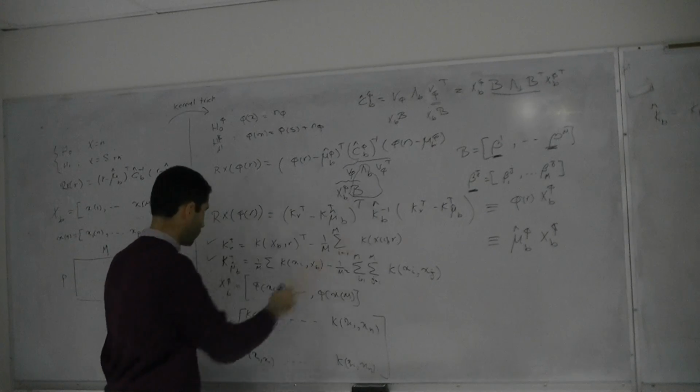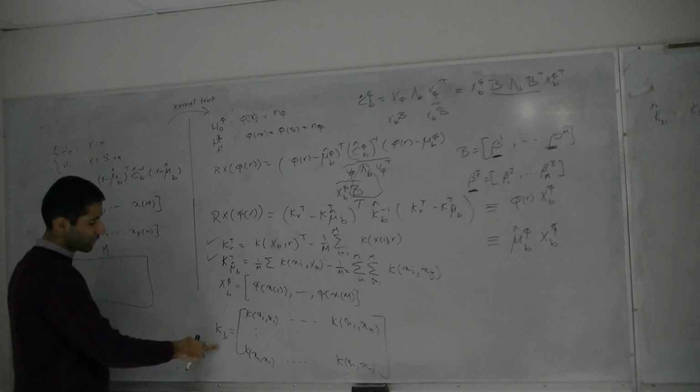And here we need to, for example, find the unbiased version of this matrix.